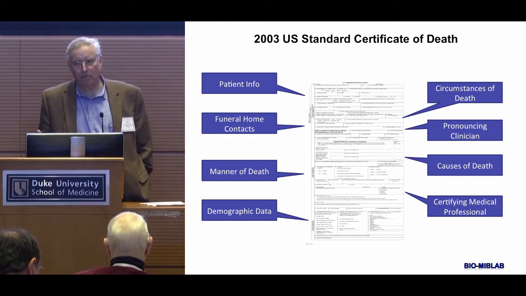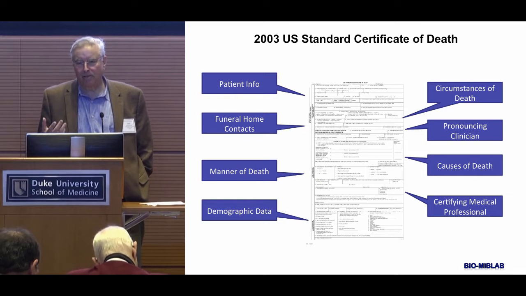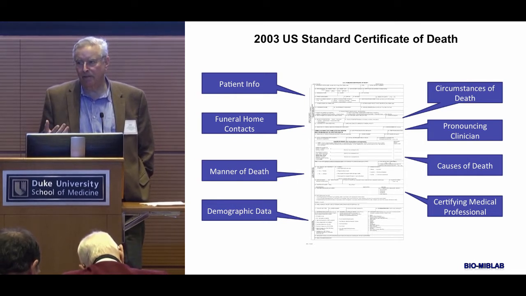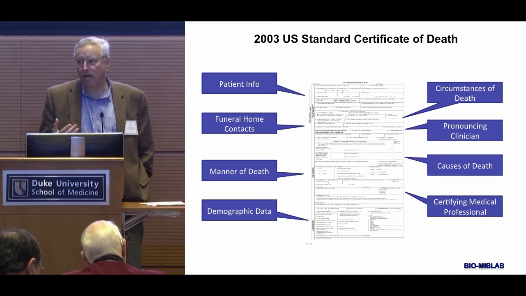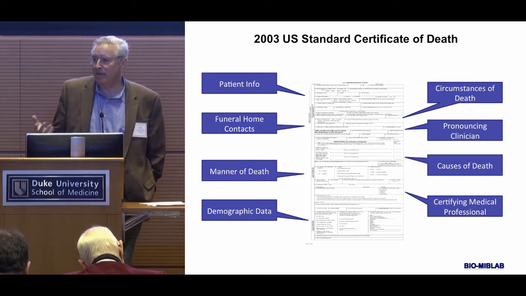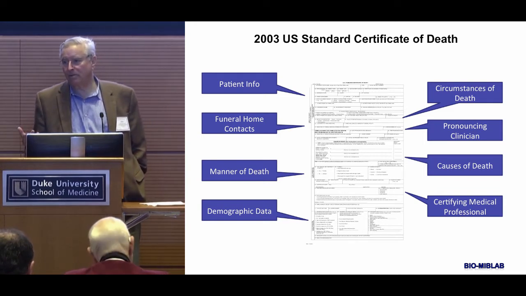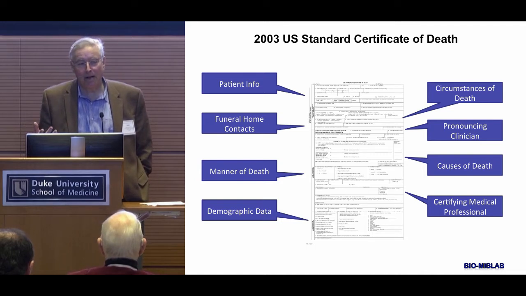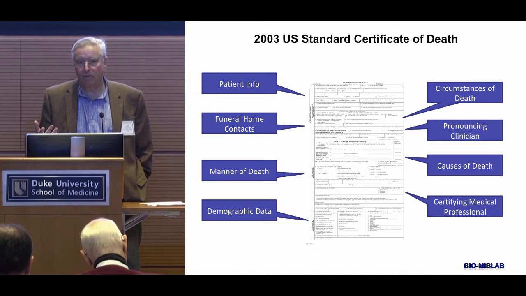And every one of those reporting jurisdictions has their own system in place for what to do with this and other public health data. And those systems vary from paper to FTP and CSV files to electronic reporting systems. And there's absolutely no standardization of anything.